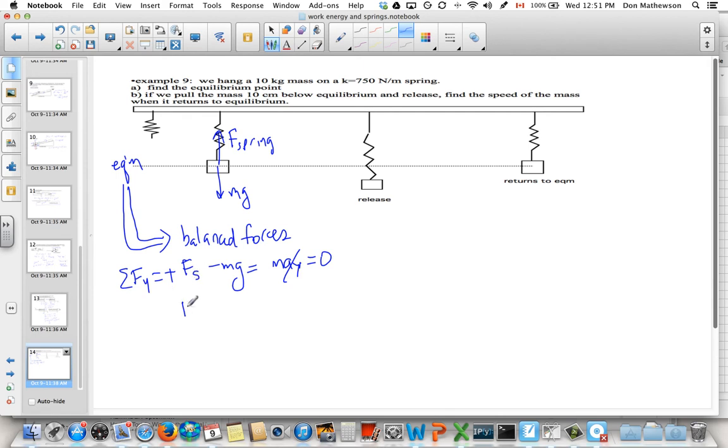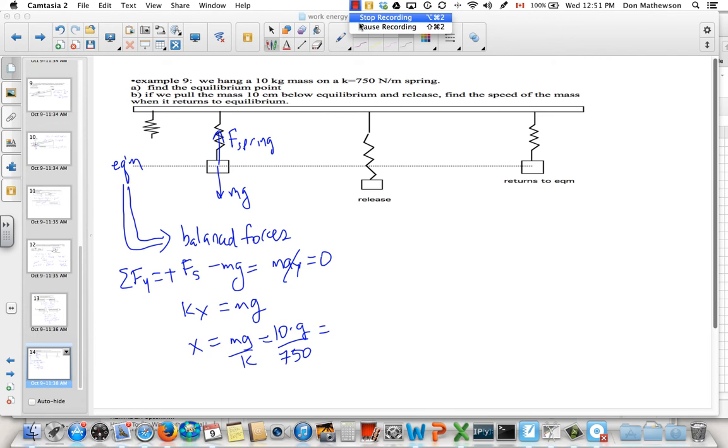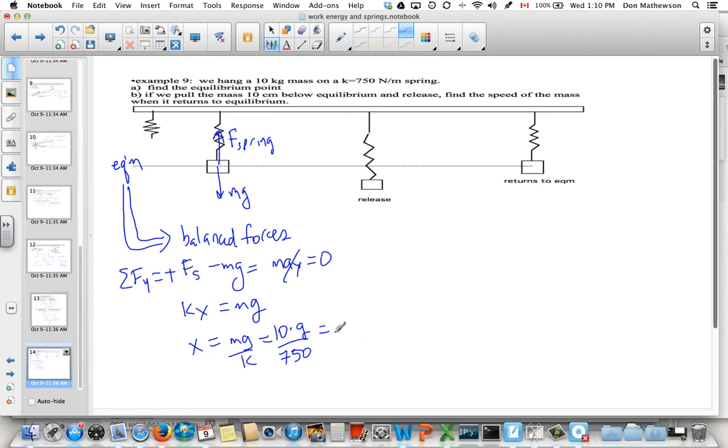So the spring force is kx, it's going to equal mg, so we can find the compression of the spring, reducing it to a calculation, and then actually solving that. Okay, so that works out to 13.1 centimeters. So from where the spring is at rest to equilibrium is 13.1 centimeters.